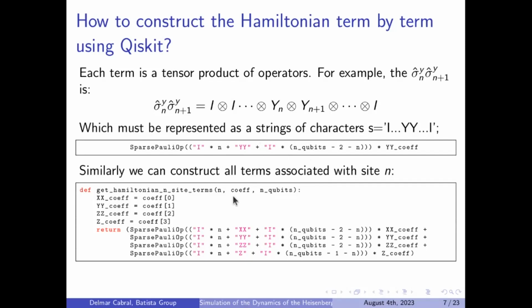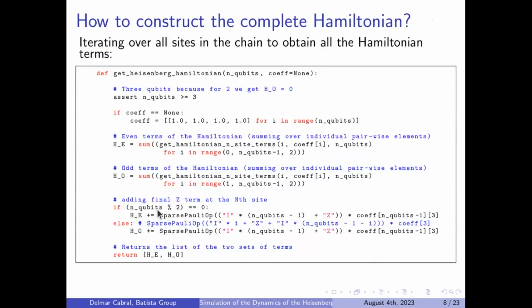Similarly, we can construct all the terms associated with this given site n by providing the XX, YY, ZZ, and Z terms and the associated coefficients for each particular term. To construct the complete Hamiltonian, we need to take all these interactions for a given site and put them all together to describe the complete spin chain.